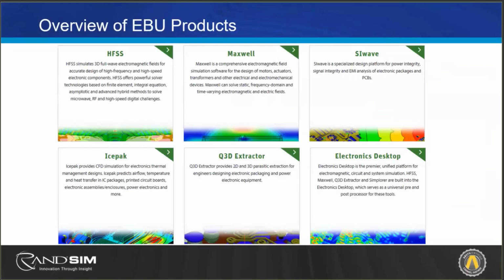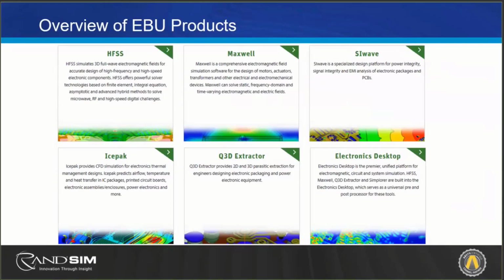We'll get into more detail on all these, but these right here: HFSS, Maxwell, SIwave for PCB analysis, Icepak for thermal analysis, Q3D to look at parasitics, and then finally the Electronics Desktop, which is really the GUI where all of these solvers are housed.